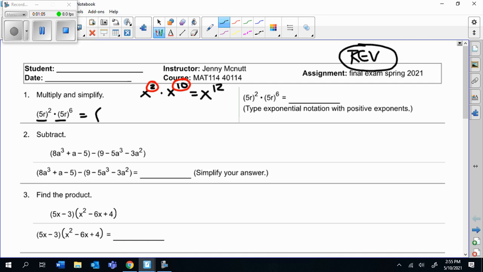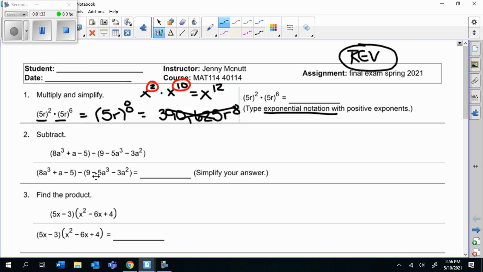So we would then have 5r to the 8th. It says type exponential notation. So I do not believe 5 to the 8th power is 390,625. So I feel like we are not going to be asked to do this. It's wanting it in exponential notation.